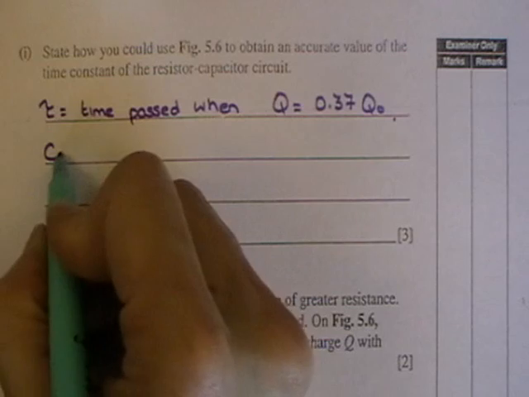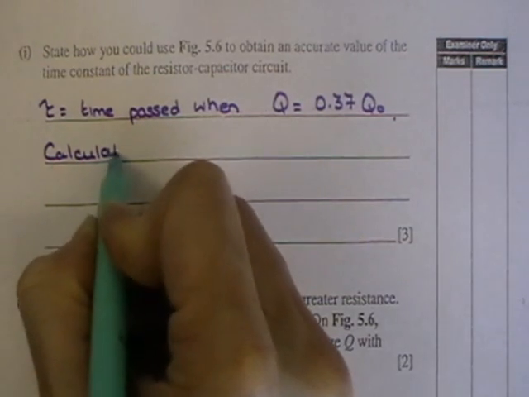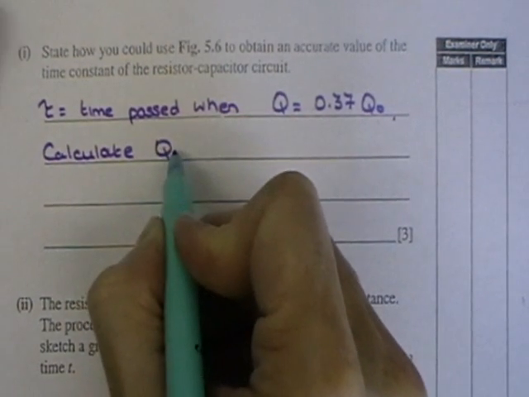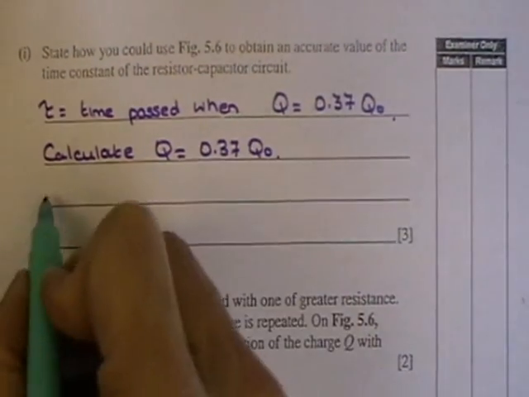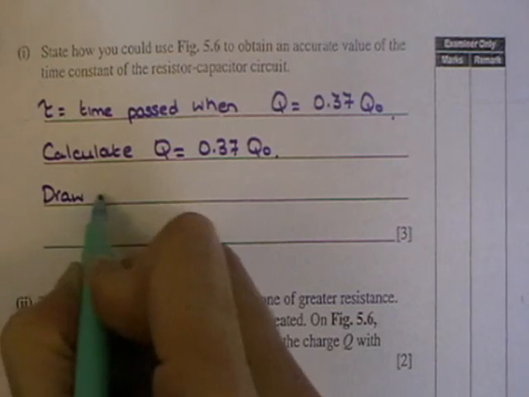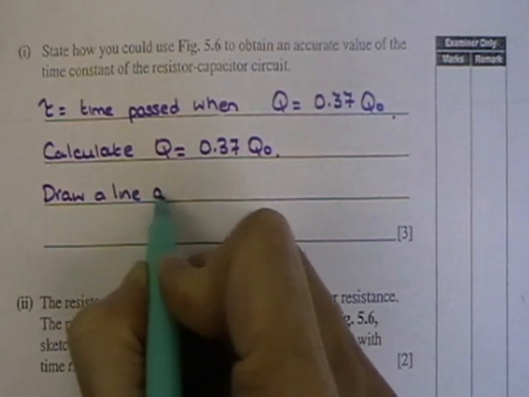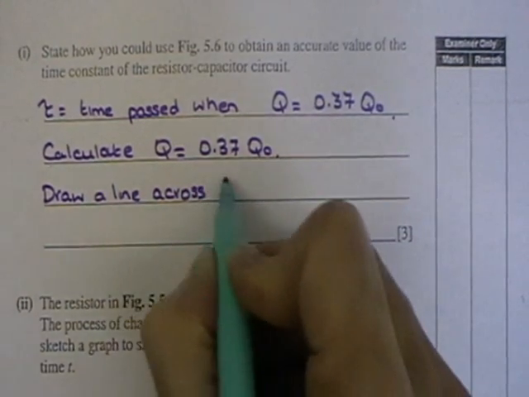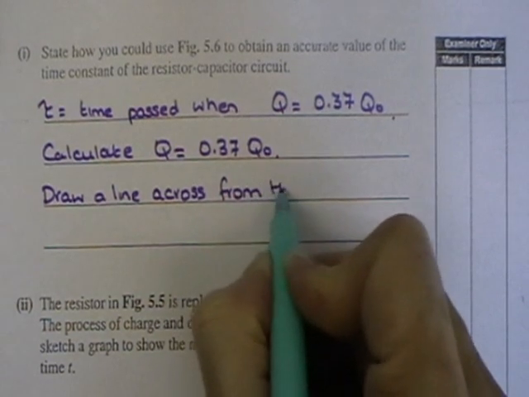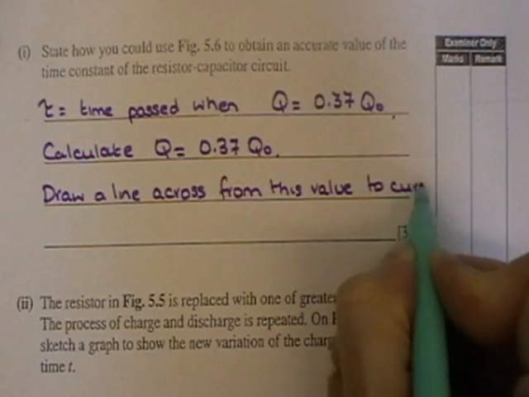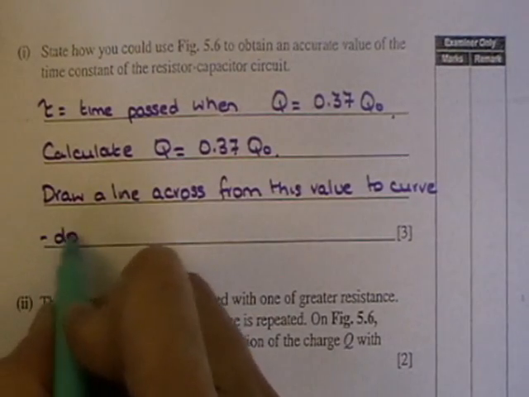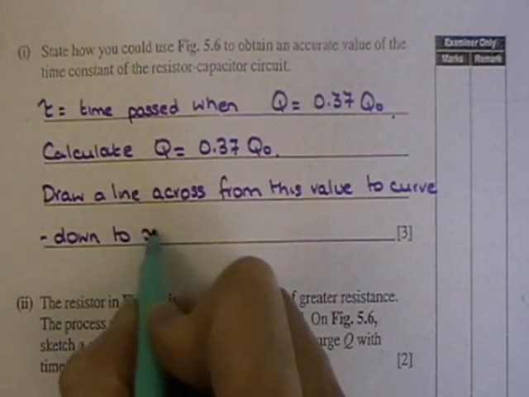So you would have to calculate Q equals 0.37 Q naught. Draw a line across from this value to the curve and then down to the x-axis.